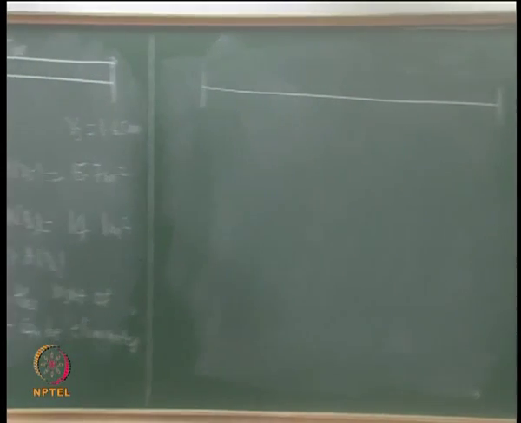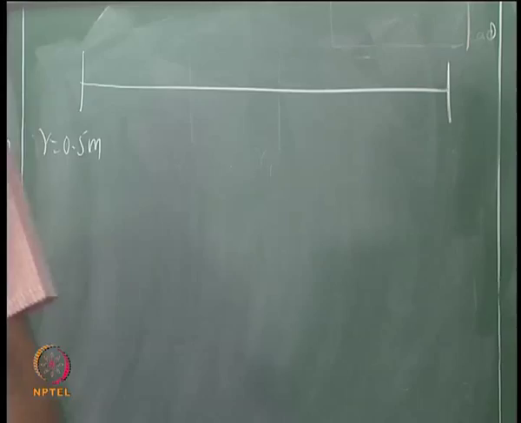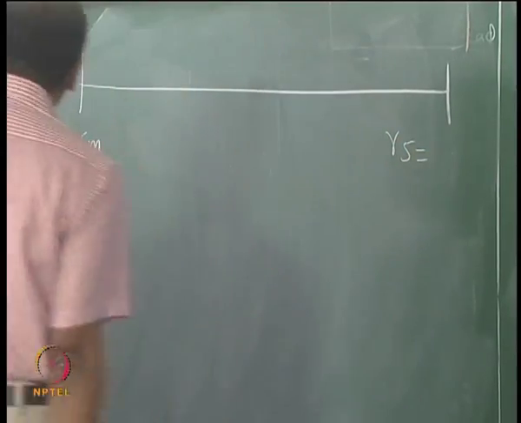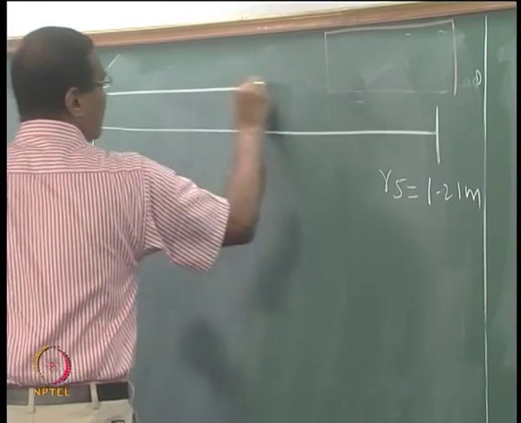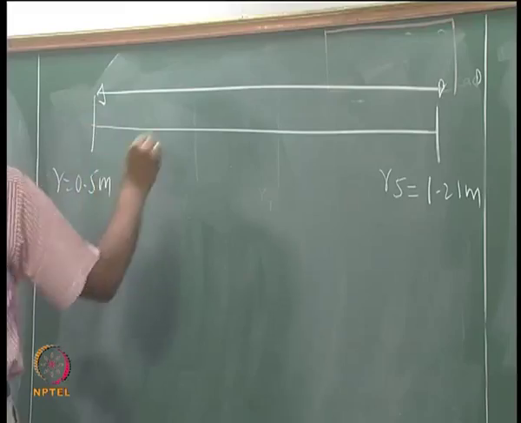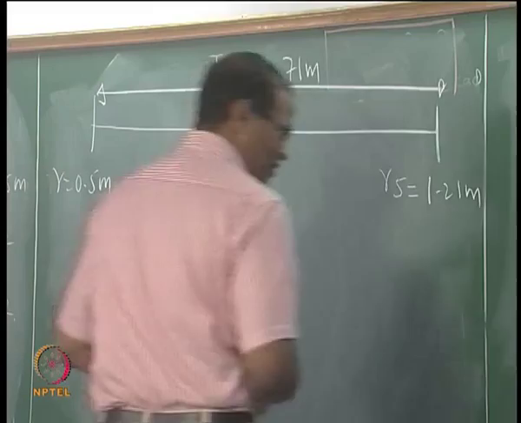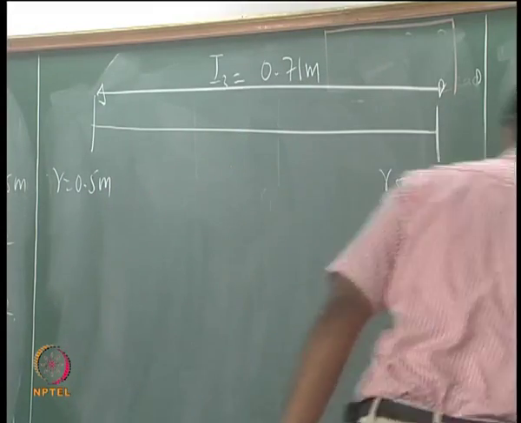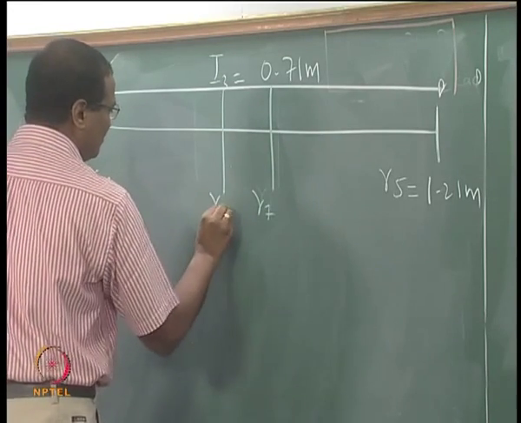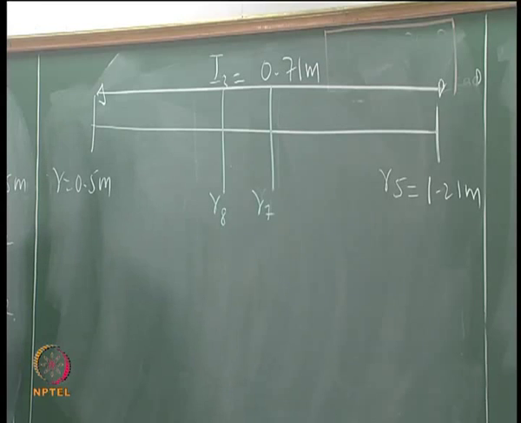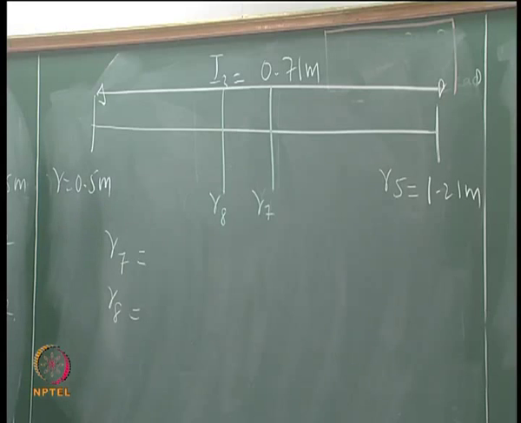Now the region to the right of R5 can be eliminated. R5 is 1.21. Okay, so R7 is 0.94, good.